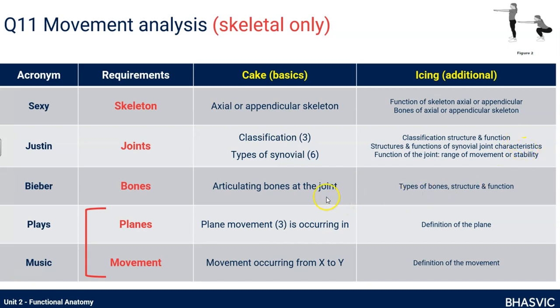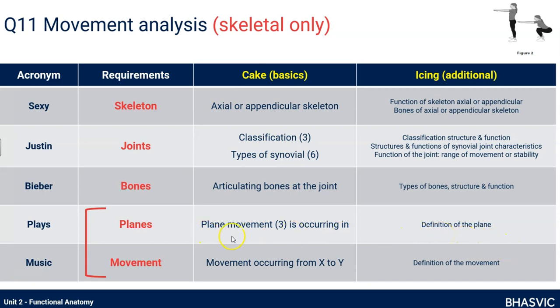In terms of the bones that articulate at the joint, what types of bones are they? So you're going to say the names of the bones, for example, the femur and the tibia, at the knee. But can you give any extra information about what type of bone they are? What's the structure of those bones? What's the function of those bones? The planes and movements are pretty straightforward in terms of icing information because basically it's just the definition.